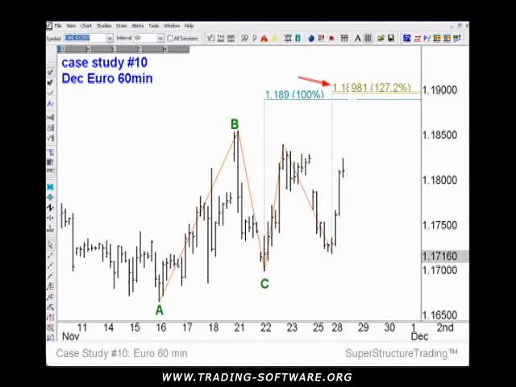And here's where that second application of gaps comes in. There's a gap right here. Here is the end of that gap. That end can be the beginning of a range. In other words, this can be the range that we can use to project up.